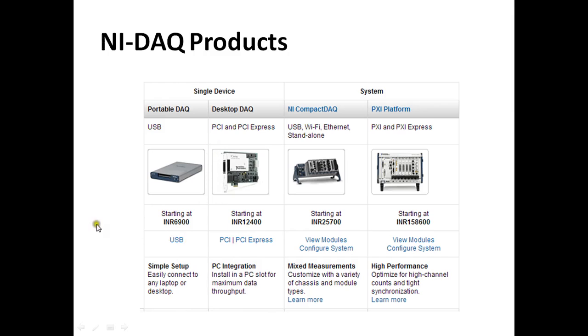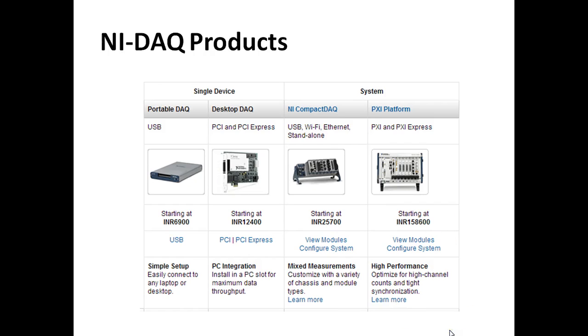Normally the single devices go for simple data acquisition systems, but the NI CompactDAQ and PXI platform, these two we normally go for in high rate data acquisition systems.